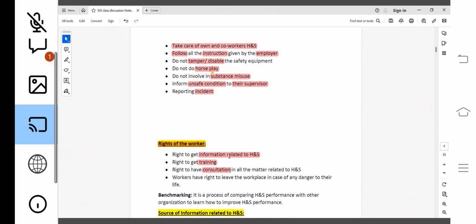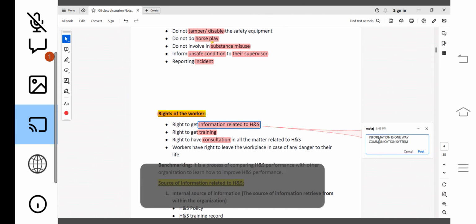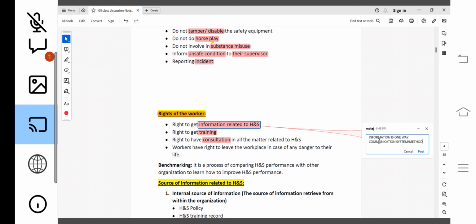Information is a one-way communication system or method, where the people only dictate by informing them, such as informing the rules, do's and don'ts.